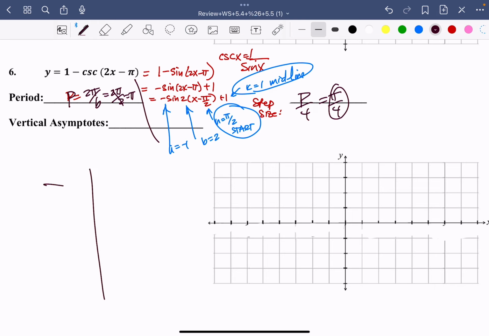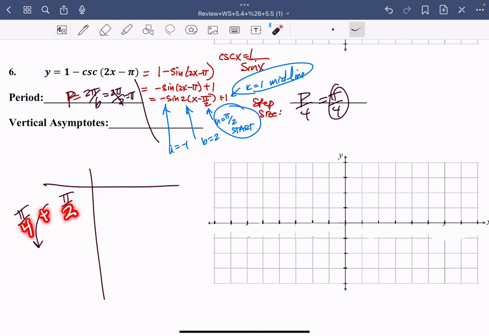So we are going to start at pi over 2 and take a step of pi over 4. Since this is in fourths and this is in halves, I'm going to hit this with a 2 over 2 and make it 2 pi over 4 as my starting point.